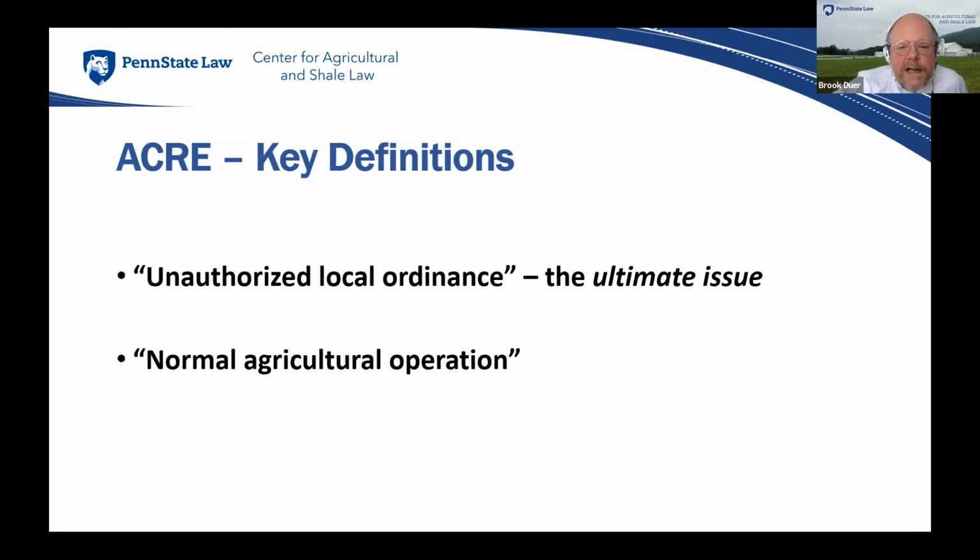But that's just like negligence in a slip and fall case, in the sense that in the end, it's the fact finder, which in the way this is set up, is the Commonwealth Court. Sorry, I'm jumping ahead a little bit. That would be making the ultimate determination, and everyone else is simply expressing their advocacy that in fact this should be considered and will be considered an unauthorized local ordinance by a Commonwealth Court after trial, should it go that far.